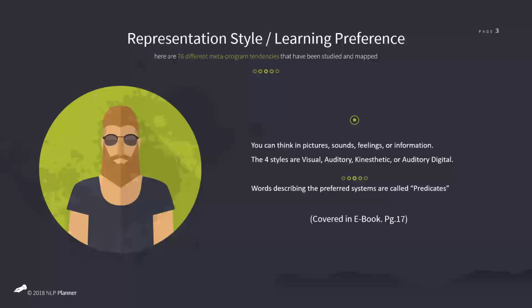And you would come to know these four styles based on the usage of the words that people use. Now, isn't it interesting that based on somebody's usage of words, you are able to identify their preferred learning style?